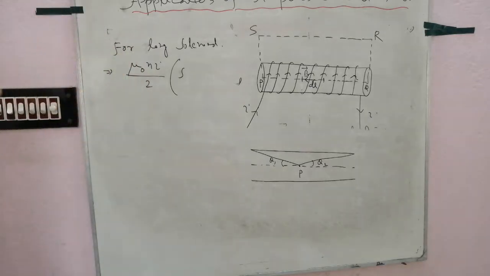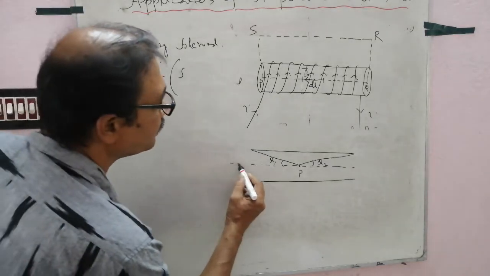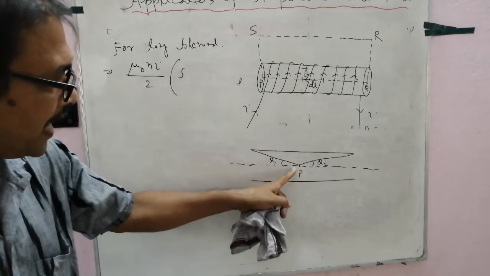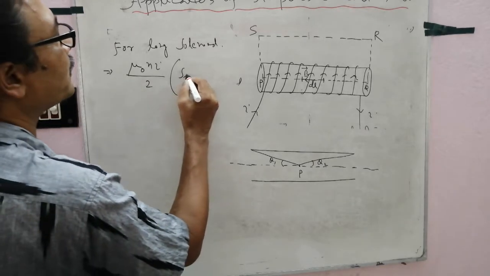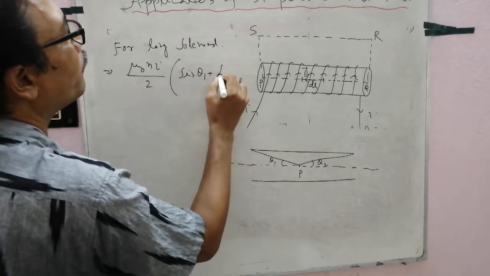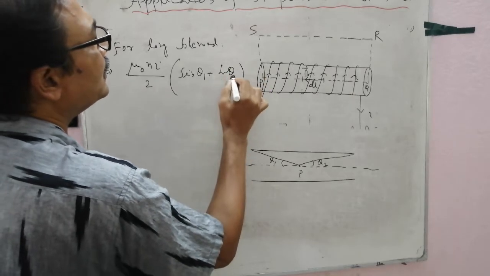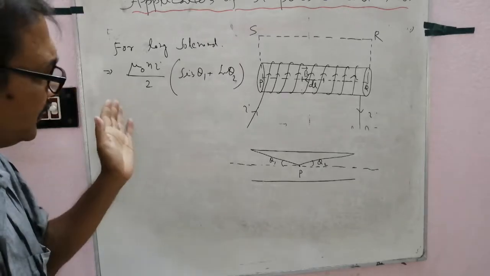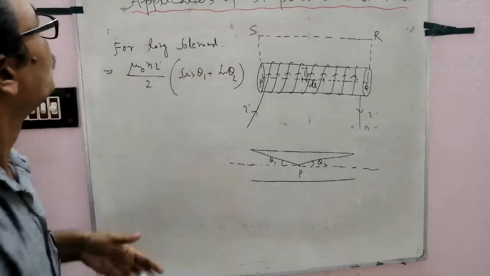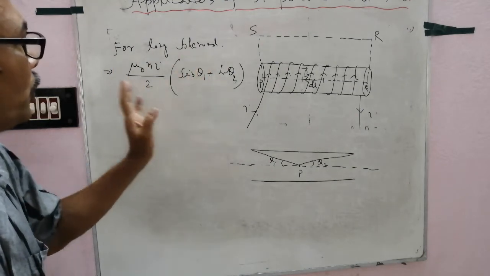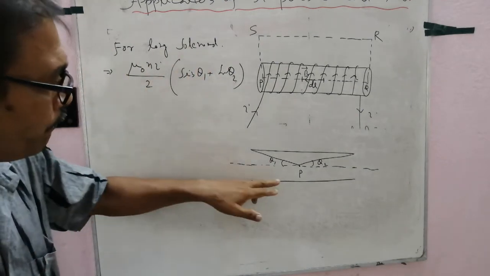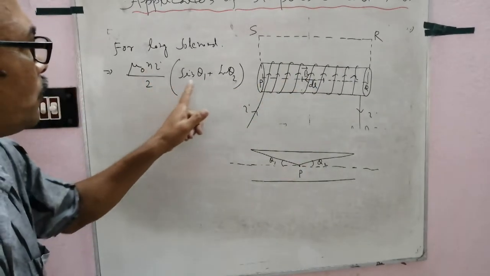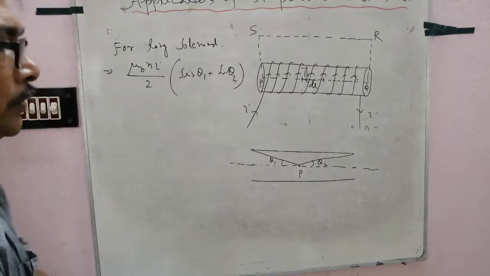Follow? At any point P on the axis, the general equation is mu 0 n I by 2 into sin theta 1 plus sin theta 2. In your syllabus, there is no proof of this, but in higher classes there is a proof. You have to keep it in memory that for a solenoid, the field at any point on the axis is mu 0 n I by 2 times sin theta 1 plus sin theta 2.